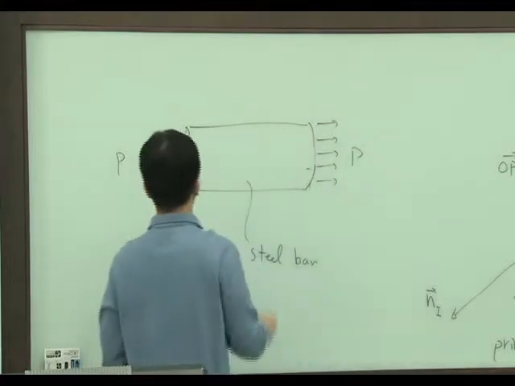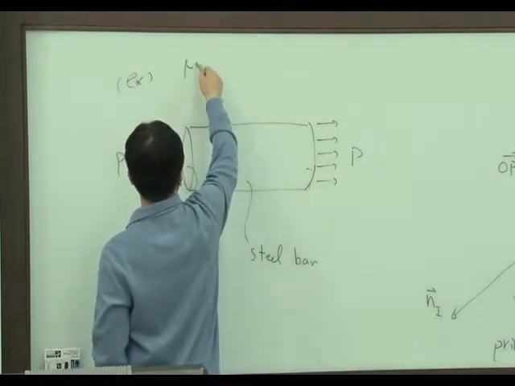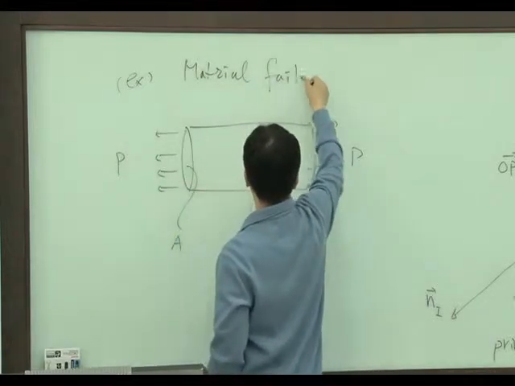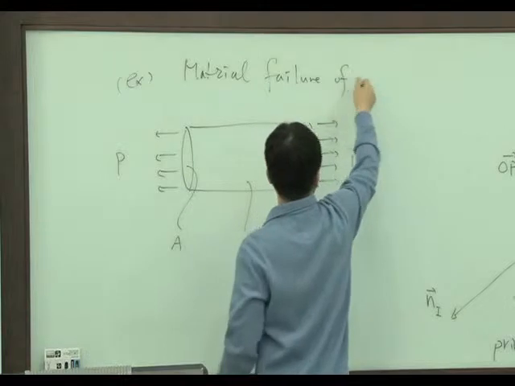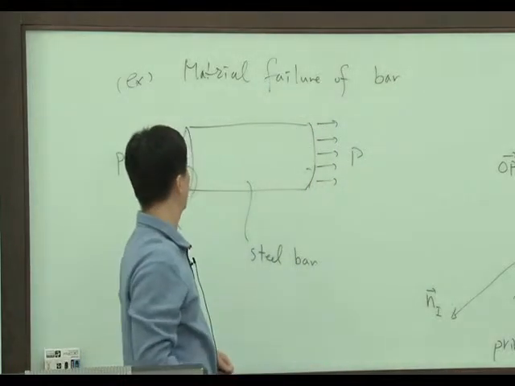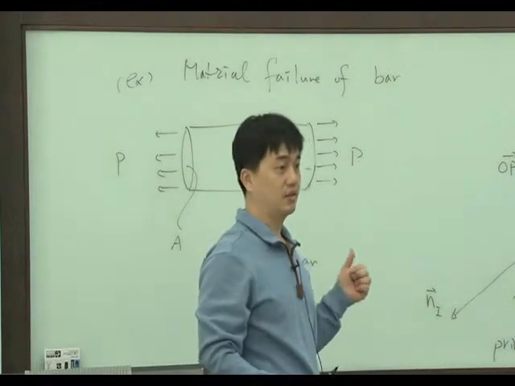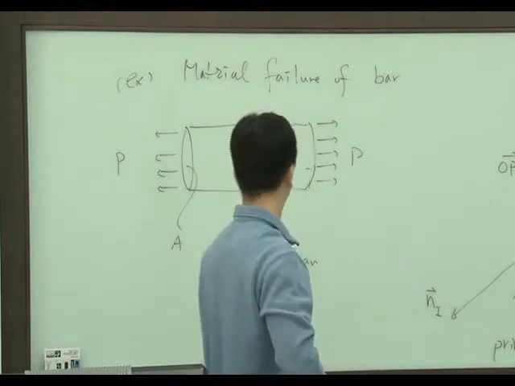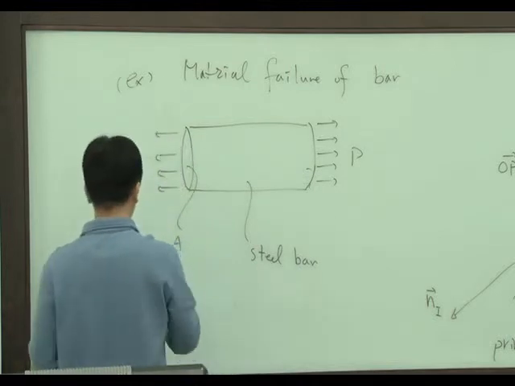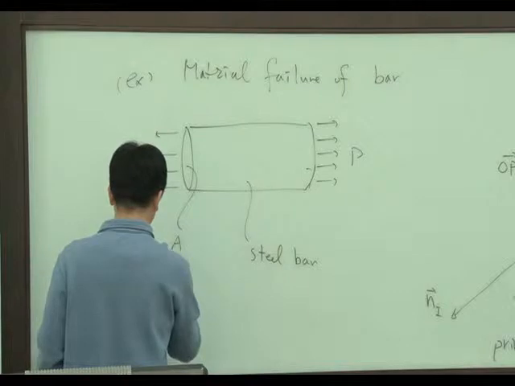In this example, this is a steel bar, and I would like to find the maximum P which can be applied. So I want to calculate the P critical.